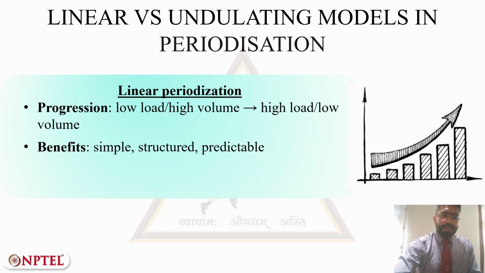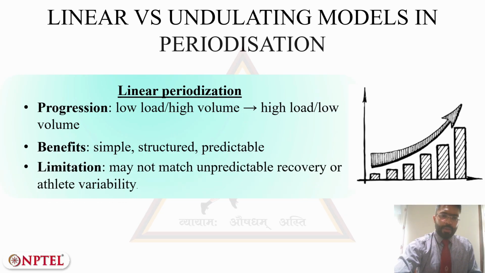The benefits are it is simple, structured, and predictable. But the limitation may be it may not match the unpredictable recovery course or the individual variability in the athlete's capabilities.